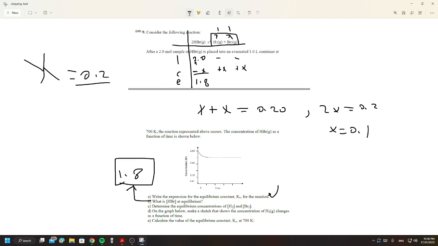When we know minus x for this one here is 0.2, we can do x plus x equals 0.2, and x is equal to 0.1. Therefore, the concentration for H2 is 0.1, and the concentration for Br2 is 0.1. I explained that really badly. My bad, guys. I really hope you understood that.